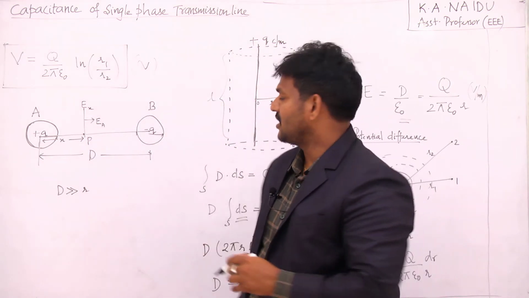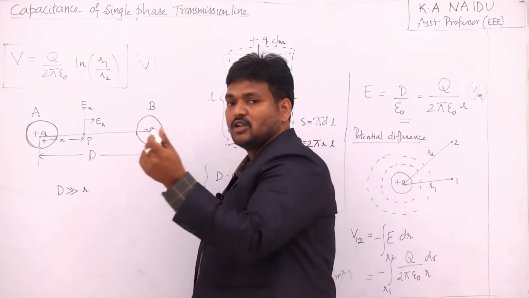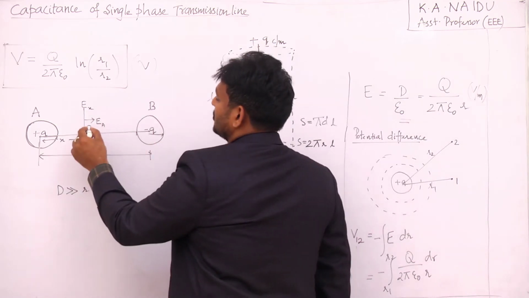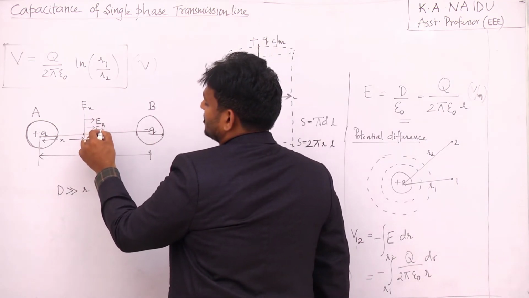Similarly, the electric field intensity due to the negative charge will be towards the conductor, that is attractive. Therefore, Eb will also be in the same direction.